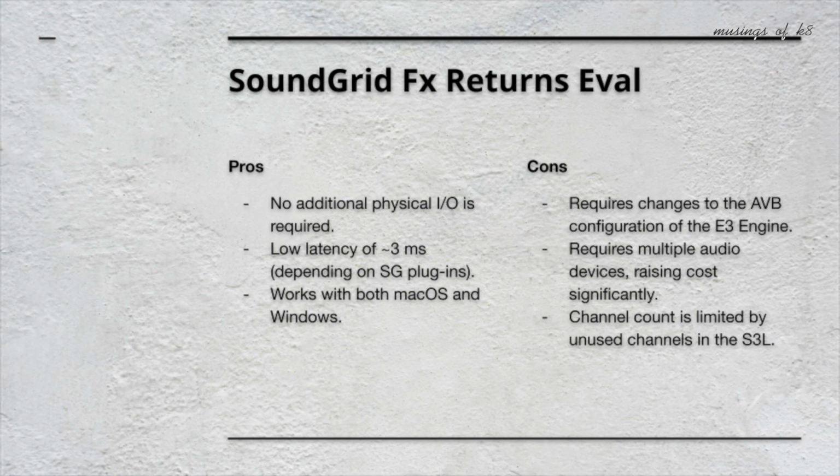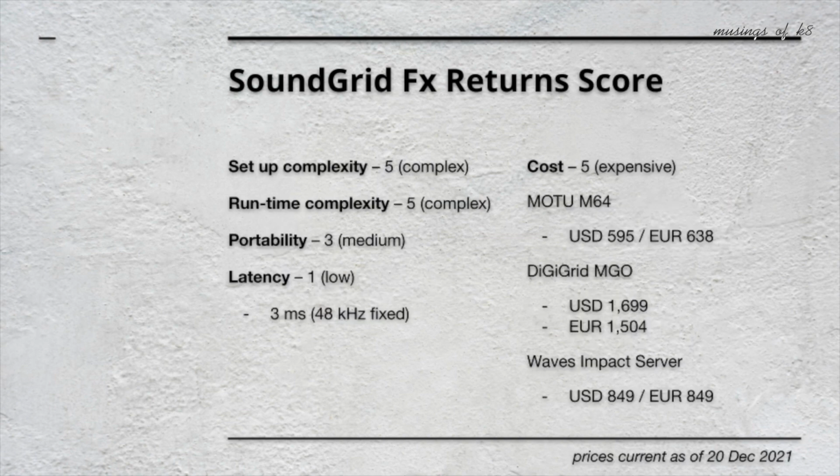It also requires expensive audio hardware and is quite complex to set up. For these reasons, I've rated both setup complexity and runtime complexity as a 5. The solution is the least portable of all the solutions, but still within reason. The low latency comes at a cost though. My personal solution cost me nearly 3,000 euros, but is worth it when I need Waves.